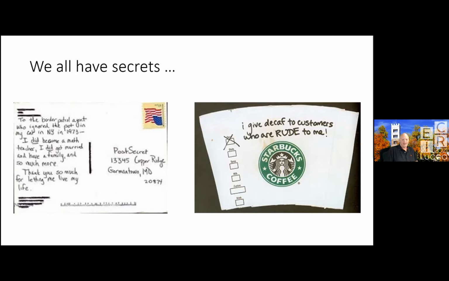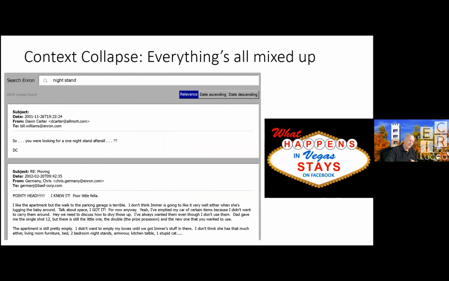And then, of course, other people have other ways of conveying their secrets. But the problem is that the secrets show up in places where you might wish that they don't. This is a problem that has been called in social media context collapse, where different contexts in your life show up all in the same place.